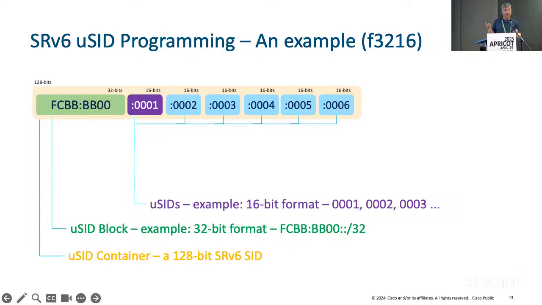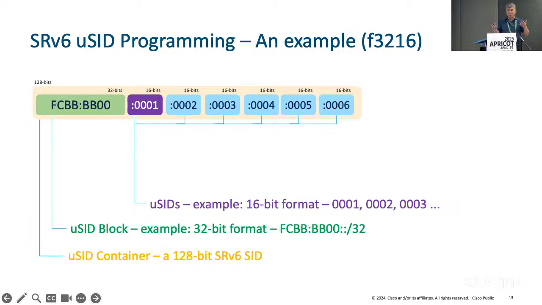It will be called format 3216. It doesn't mean your block has to be 32 bits. If you like, you can define the block with a larger scale. If you wanted to have like 1,000 nodes, you can have 48 as the block.